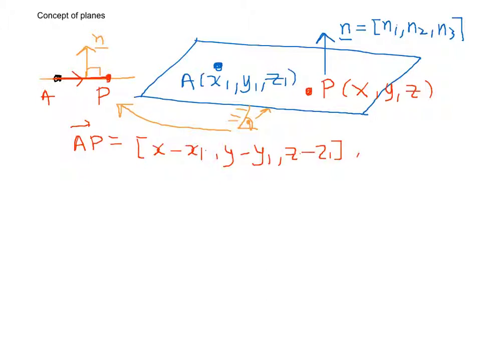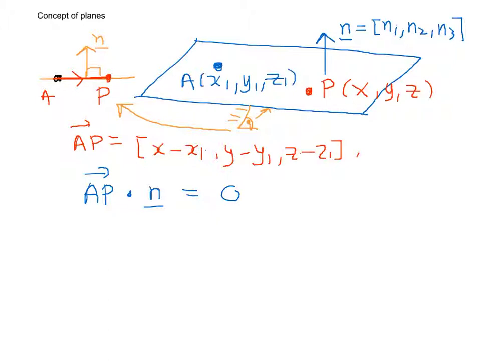In other words, this implies that when you calculate the dot product of AP and n, it will be equal to 0. This is how you use the concept of the dot product of two perpendicular vectors to find the equations of planes.